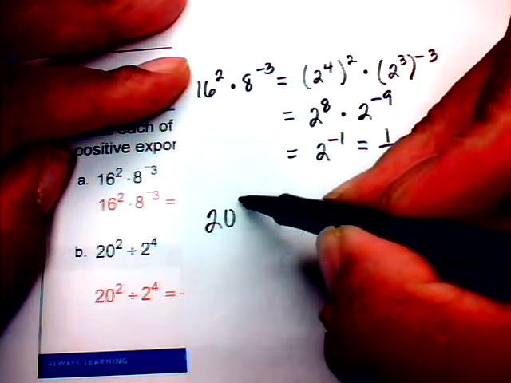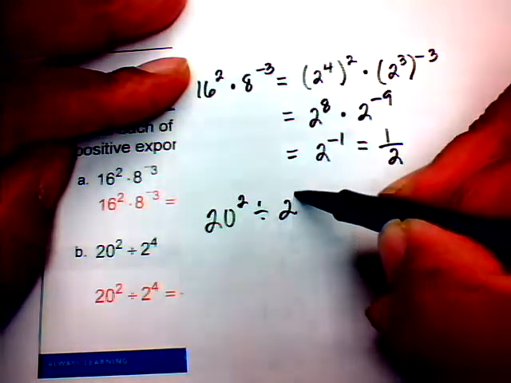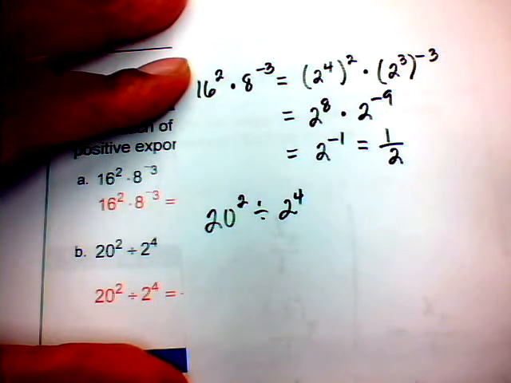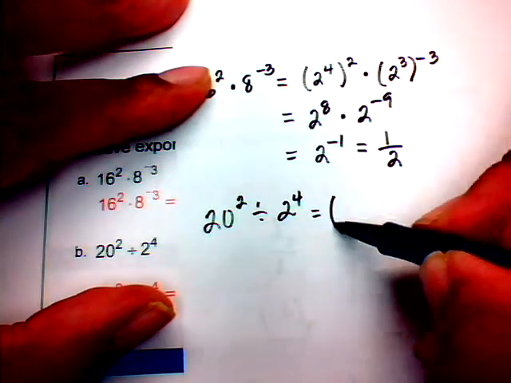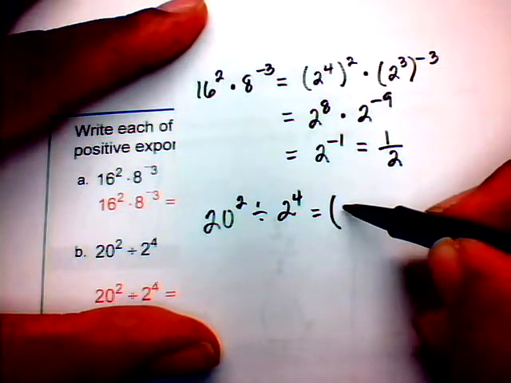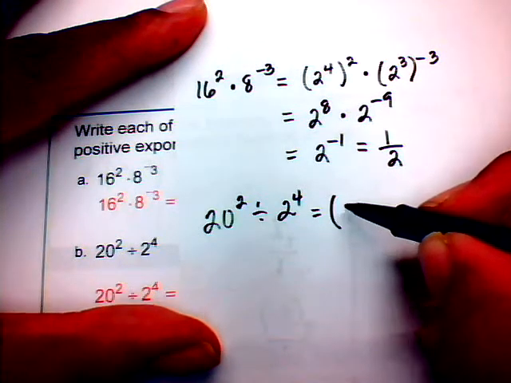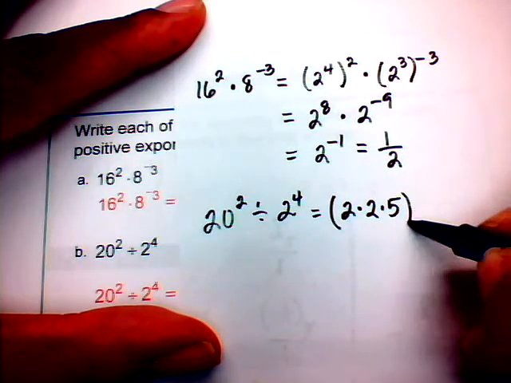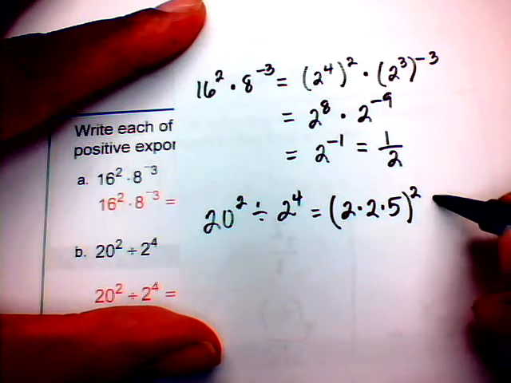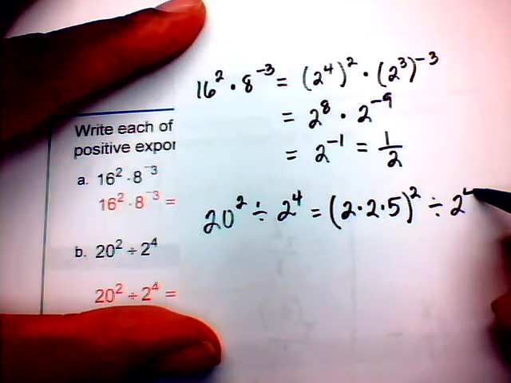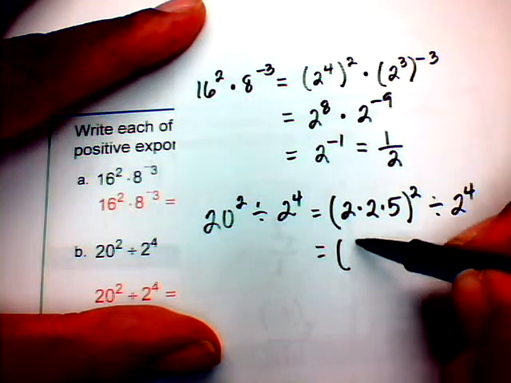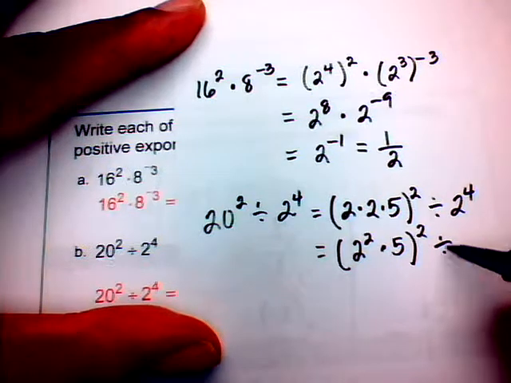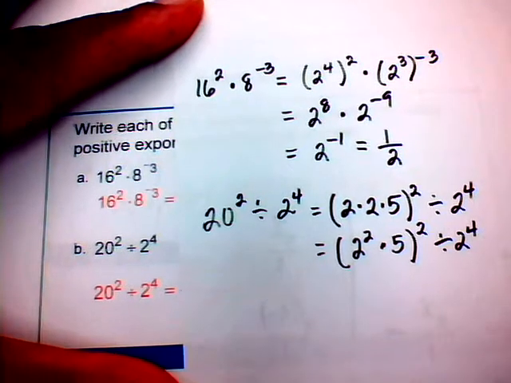Okay, this next one, 20 squared divided by 2 to the 4th. Now for the 20, if I write this using prime factors, this will be 2 times 2 times 5, and all of that squared, divided by 2 to the 4th, or 2 squared times 5, and all that's still going to be squared, and that's divided by 2 to the 4th.